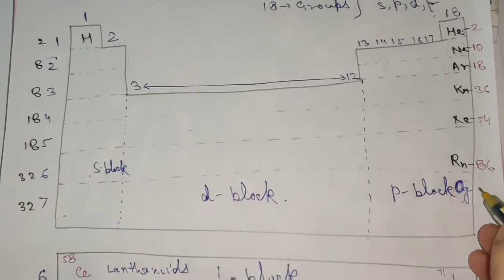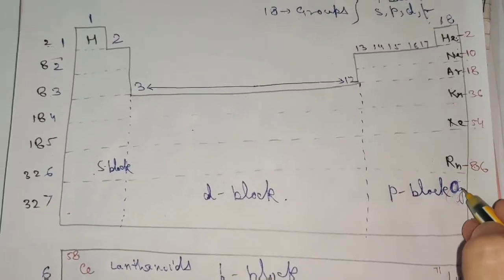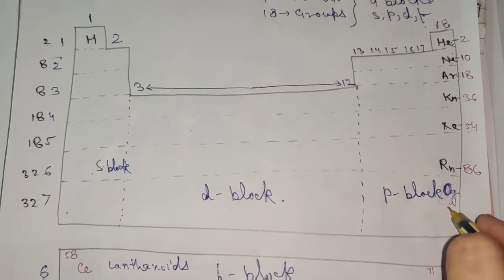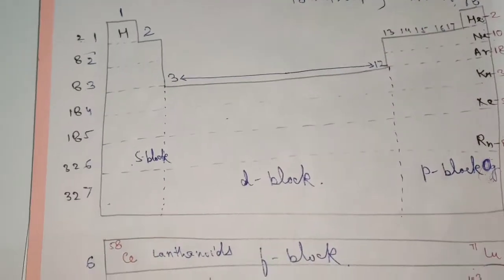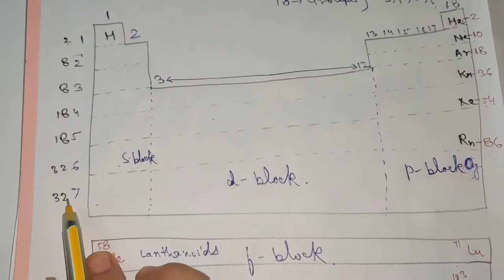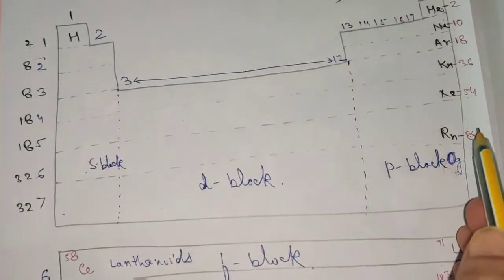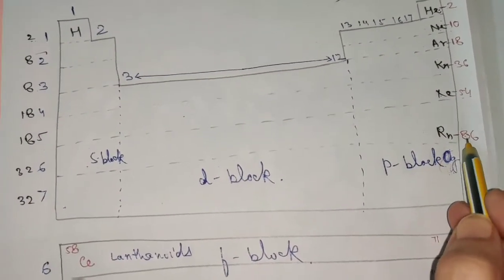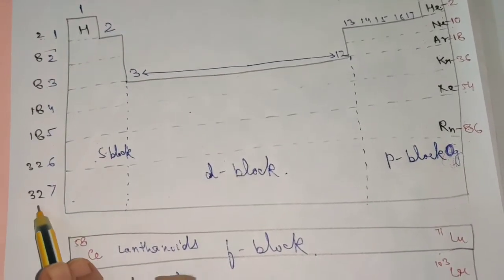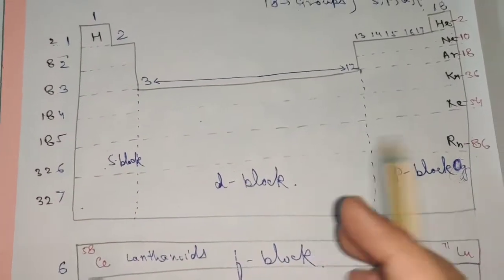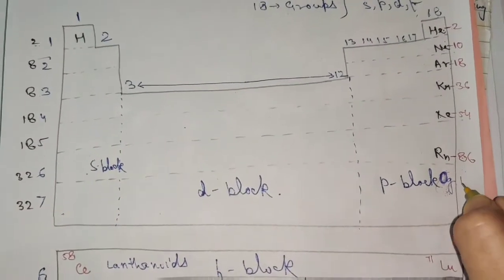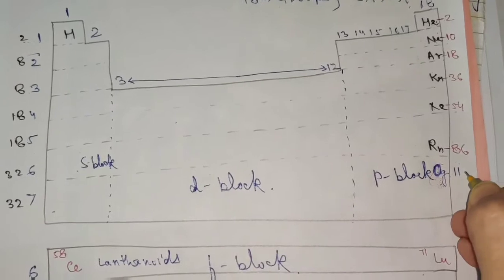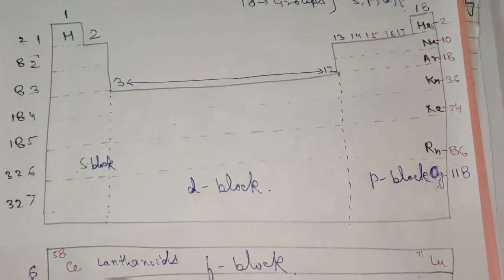And now if you have to find out the atomic number of this 7th noble gas which is present in the 7th period of the periodic table, how will you calculate it? 86 plus 32, because the 7th period has 32 elements. So if you add 32 to 86, you'll get the atomic number of this element as 118.